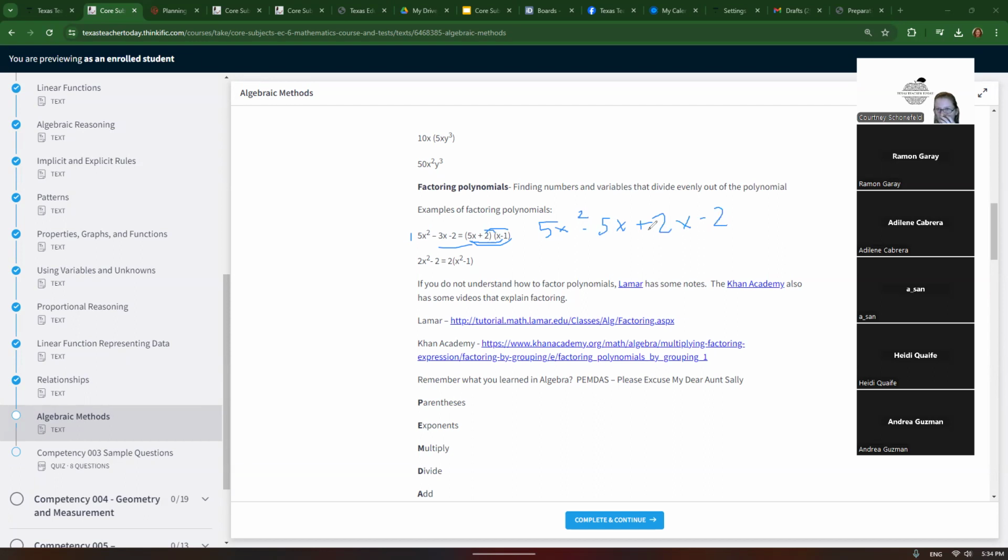And then if we combine these, right, we're left with 5x squared. Negative 5x plus 2x is negative 3x, so minus 3x minus 2. So that's how you check it to make sure that it's factored right. It's the FOIL method. It's called FOIL.